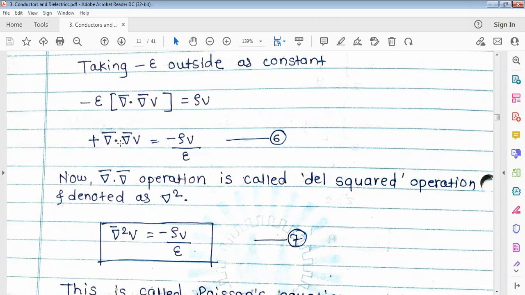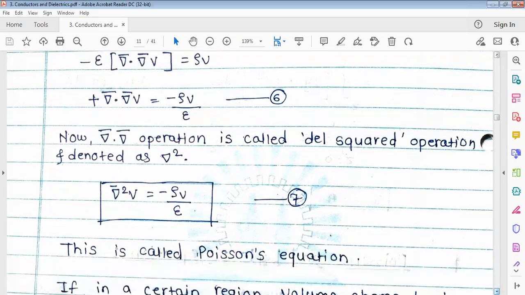So del square into V is equal to minus rho V upon epsilon, and this is called the Poisson's equation.